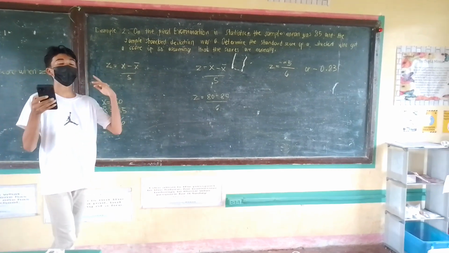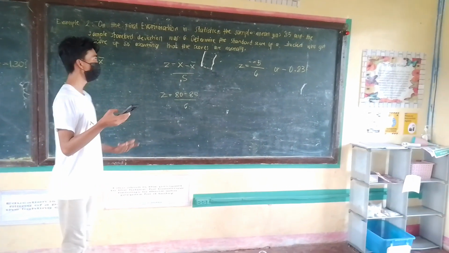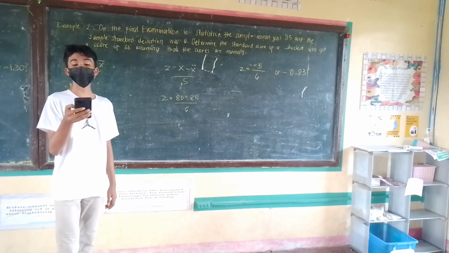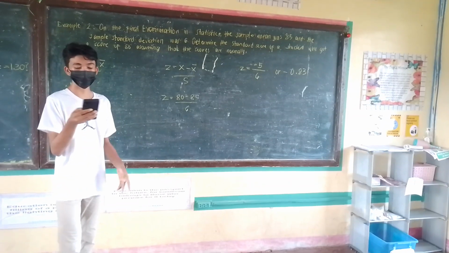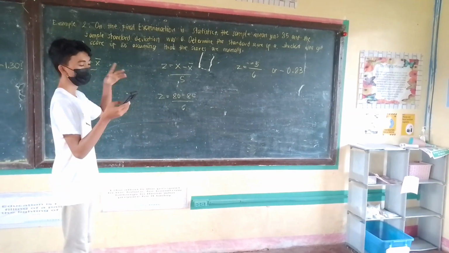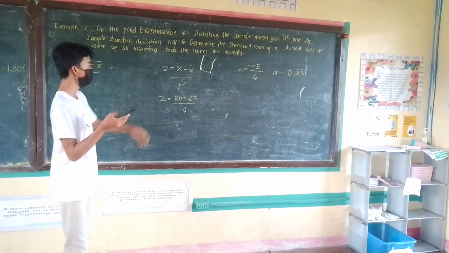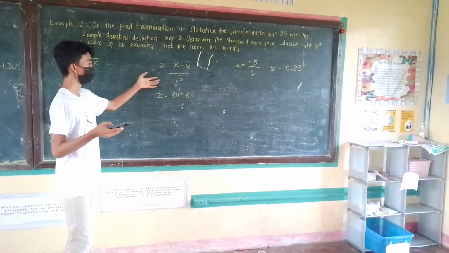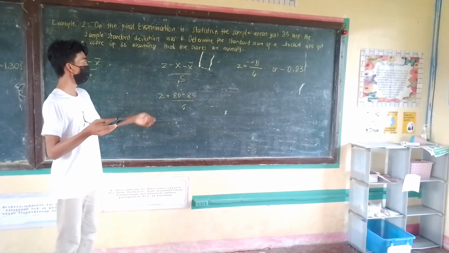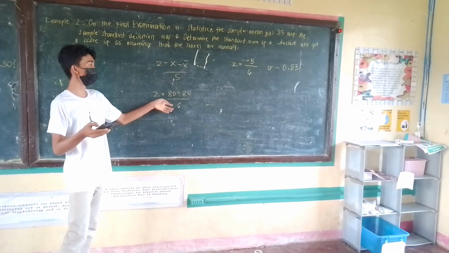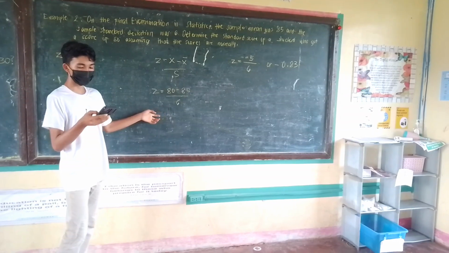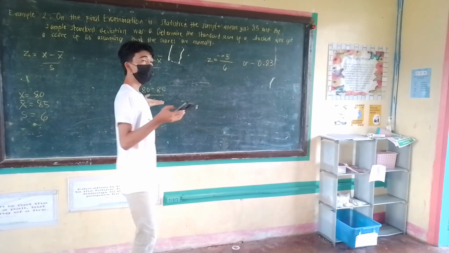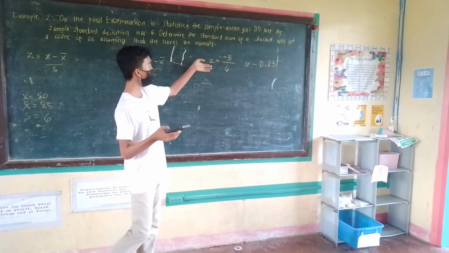The next step is to substitute the given values in the computing formula, then compute the Z value. So Z is equal to X minus X bar over S, which is 80 minus 85 over 6. Okay, 80 minus 85 is negative 5.